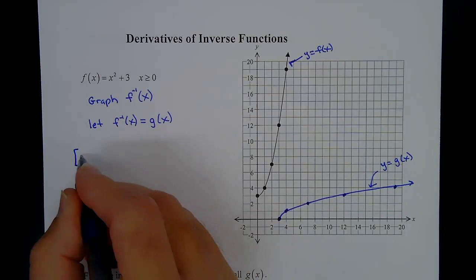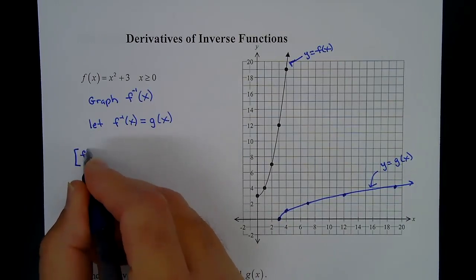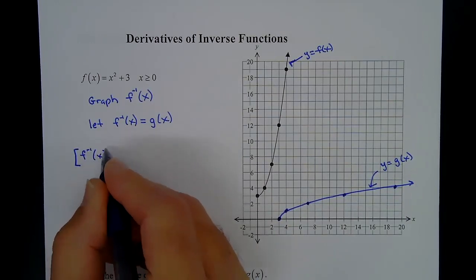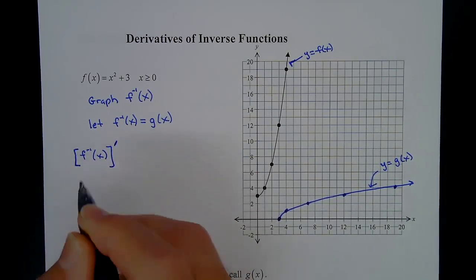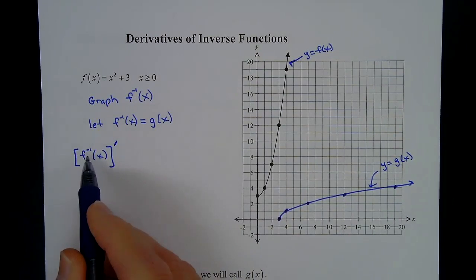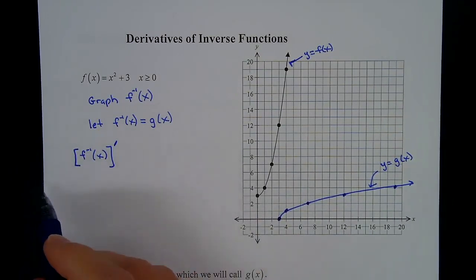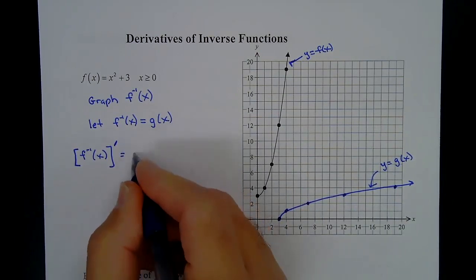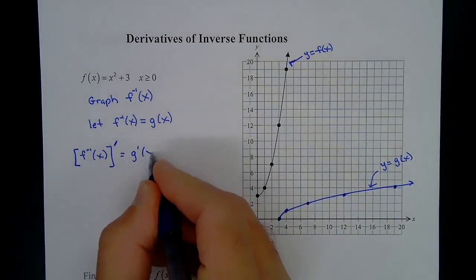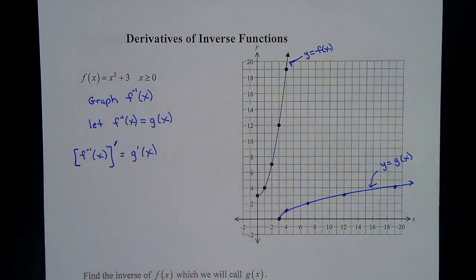If I want to take the derivative of this, I would have to write it like this, and it's kind of a pain. So you'd have to have brackets around the inverse function and then put a prime. And here's why, because you can't put a -1 and the prime in the same spot, okay? So this is how we have to write it. So it's much easier if we call that g of x, and we just say g prime of x. And that's just the derivative of the inverse function.